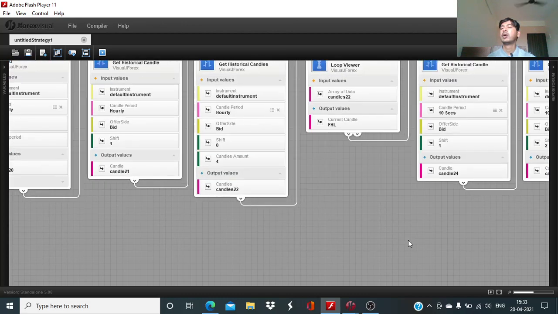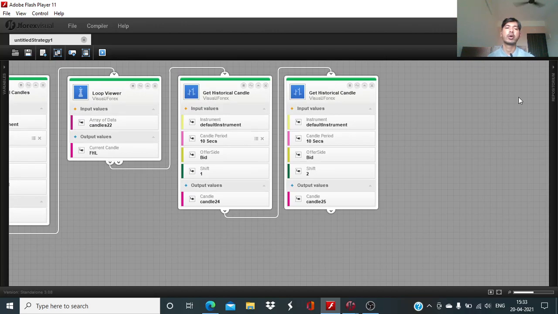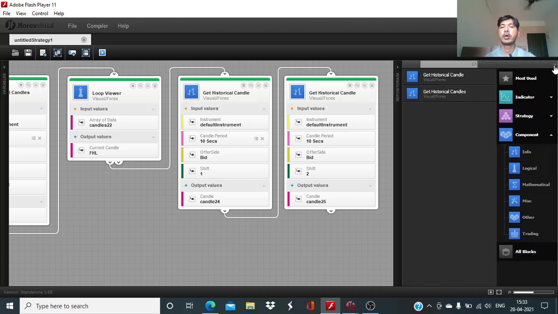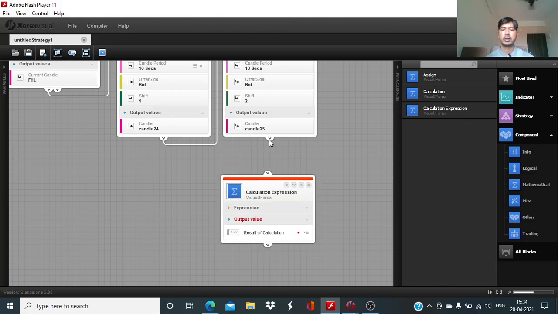Now I will also add the calculation expression block to look at the price volatility in last 4 hours. So for that, we are also going to use this calculation expression block to define the condition, the minimum requirement.